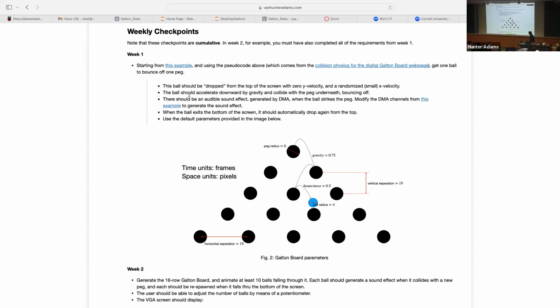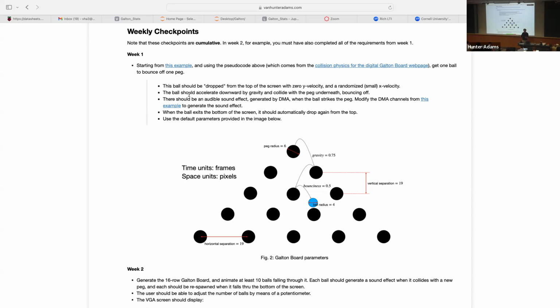So some of the concepts that this is going to introduce, like I said, fixed point, animation concepts. We're going to review some collision physics. We're going to talk about DMA for sound production. The challenge here is as many balls as you can. And so unlike lab 1, where you're doing audio synthesis in an interrupt service routine 50,000 times a second, you don't want the CPU to ever leave your animation loop unnecessarily.